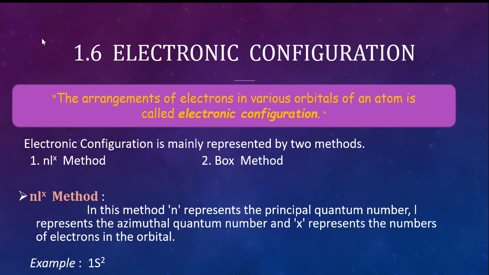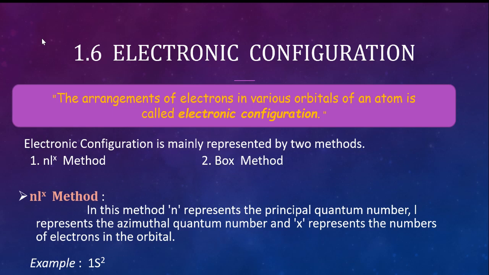The third one is the magnetic quantum number. It gives the orientation of the orbital in space. That means it represents the number of the orbitals present in a sub-energy level. The magnetic quantum number values depend upon the l value. That is, it varies from minus l to plus l through 0. The number of the orbitals in a sub-energy level is given by the formula 2l plus 1.